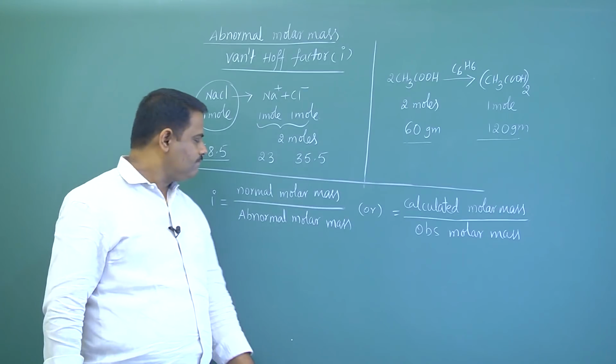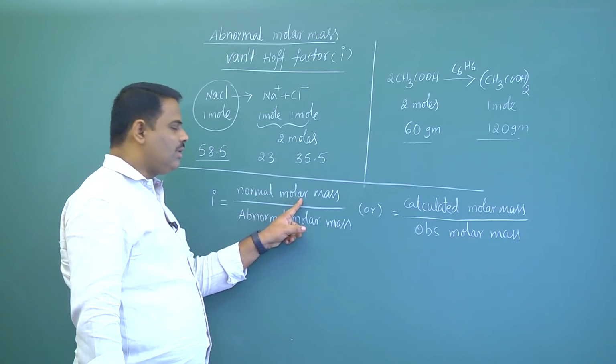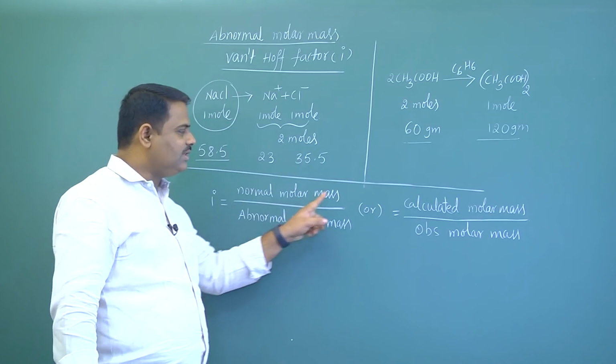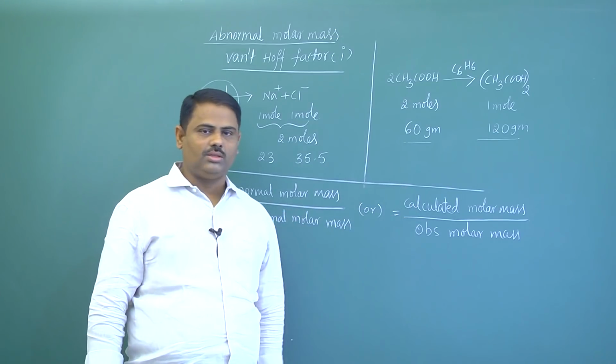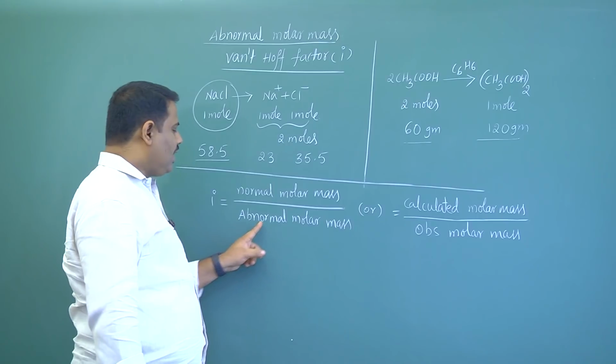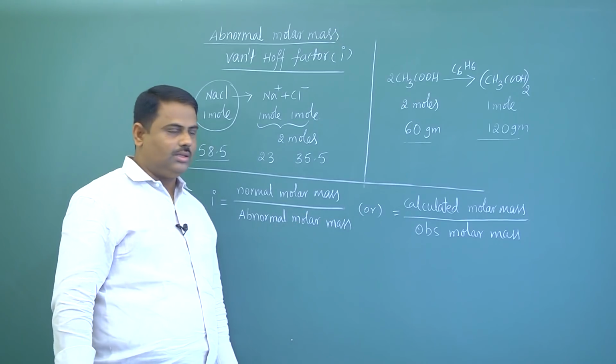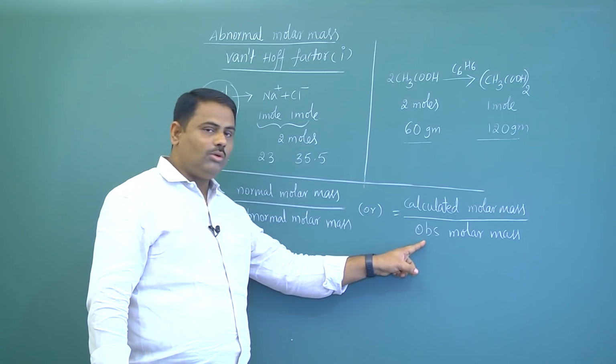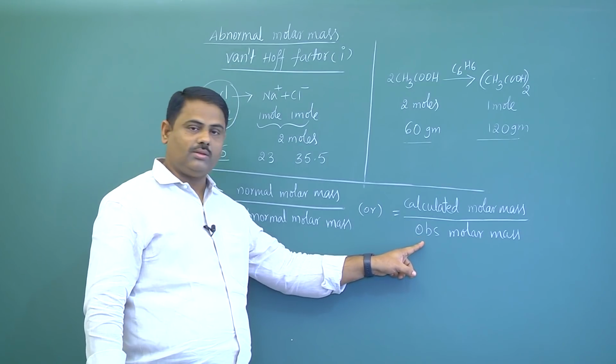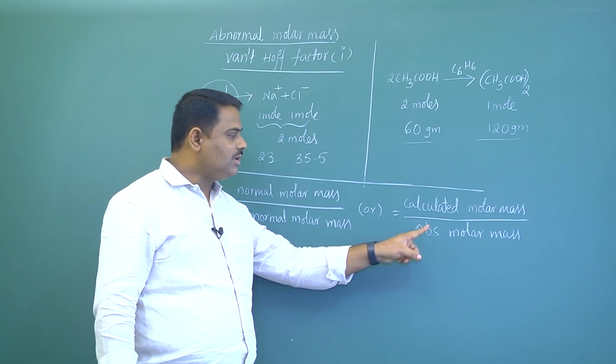Now I will repeat, normal molar mass is theoretical value, that is why this is written as calculated molar mass. Abnormal molar mass is nothing but experimental molar mass or practical molar mass, that is called observed molar mass.